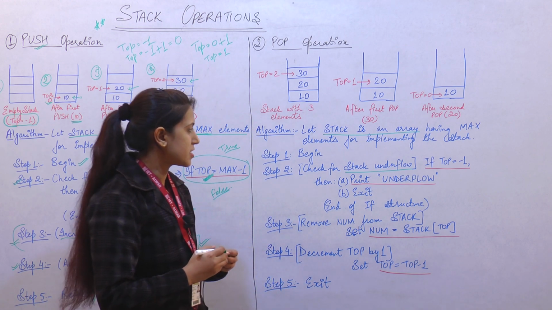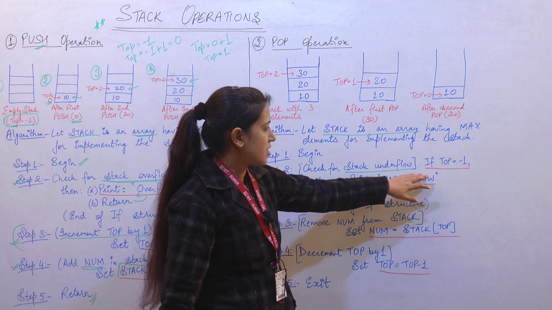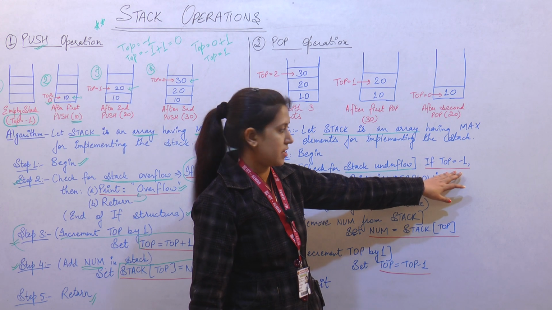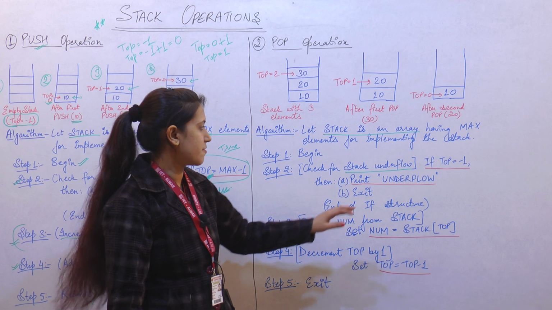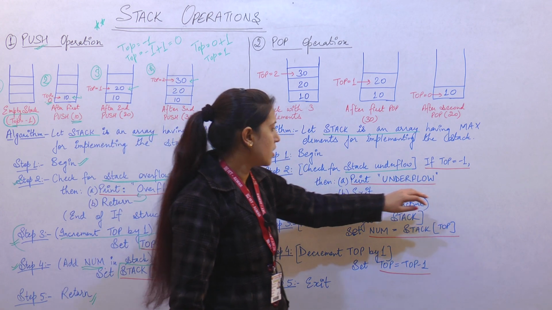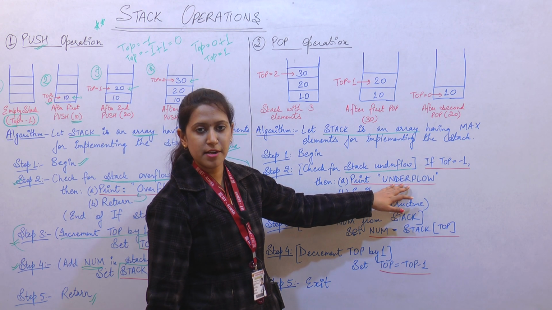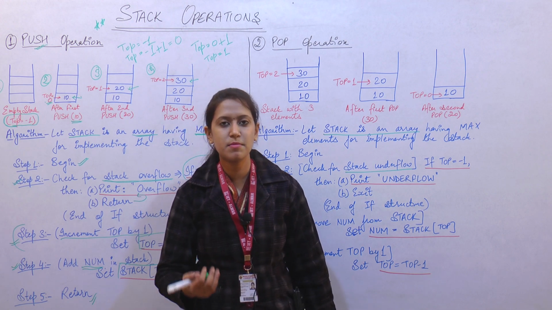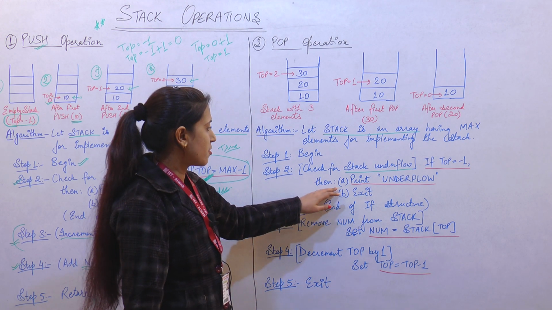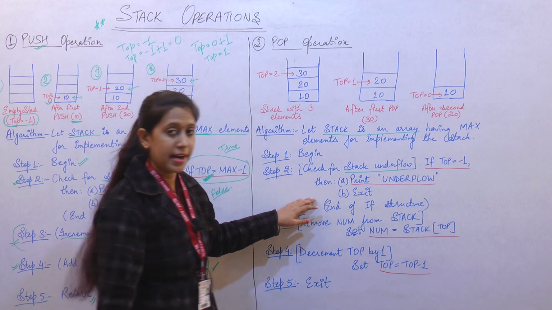Stack underflow condition can be checked using if top equals -1. If top equals -1 gets true, then the system will give us a message underflow. That means the stack is underflow and no element can be removed from the stack, and our program will exit and the if structure will end.